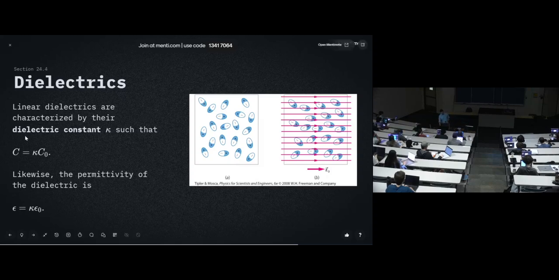But as far as we're concerned, many different materials, at least within a small voltage range, are going to have a linear response: as you increase the external electric field, you get a linear increase in the polarization of the molecules within the dielectric, such that we can assign a constant, a dielectric constant, where the capacitance is equal to kappa, the dielectric constant of the material inserted between the plates, times C naught, where C naught is the vacuum capacitance.